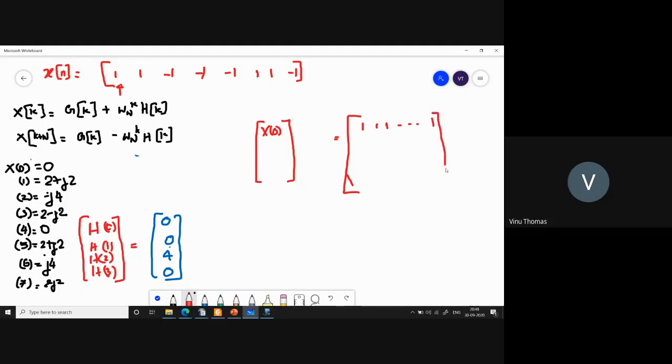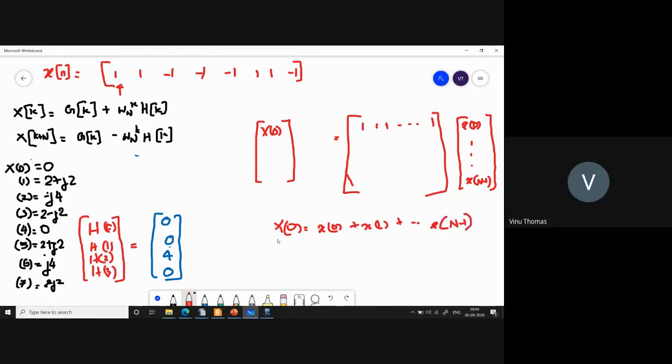I'll just write the first row and multiply this by the input sequence, x of 0 up to x of n-1. So what would be capital X of 0 therefore? It will be x of 0 plus x of 1 plus x of 2 plus etc. up to x of n minus 1. So that's a very important observation.